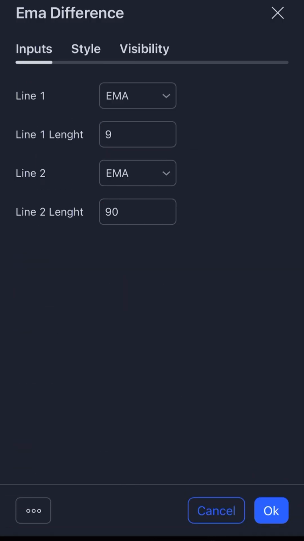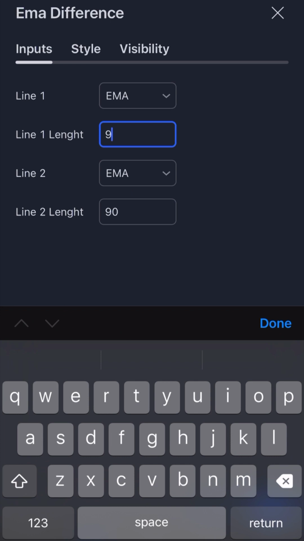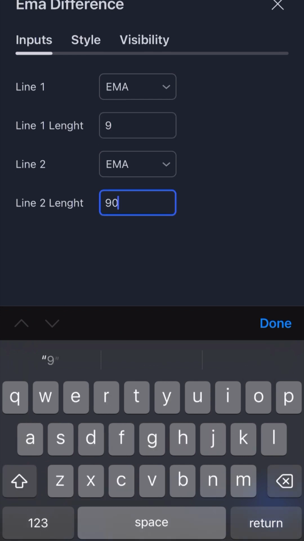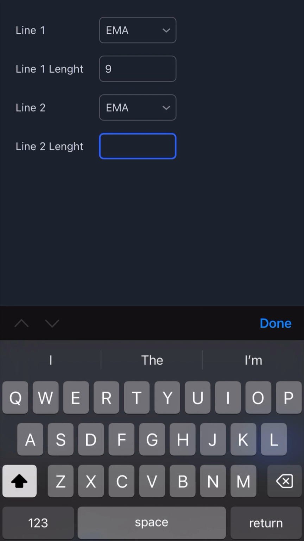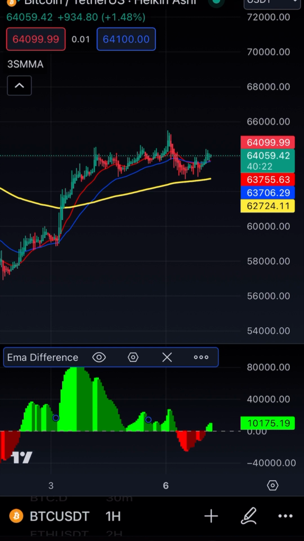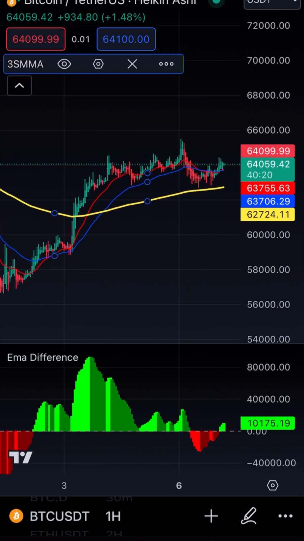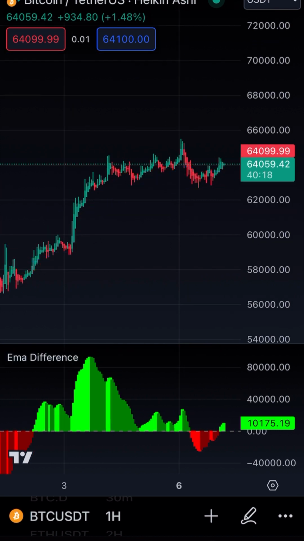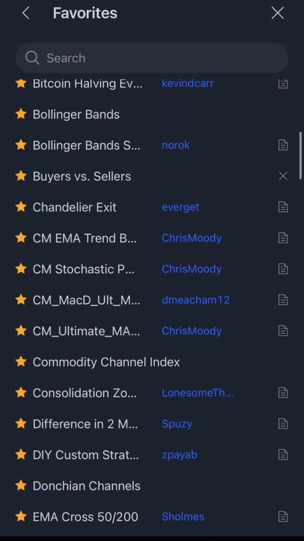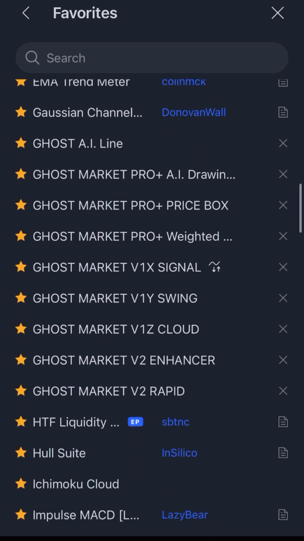So in the other version, this is the 9, this is the 20, this is the 9, 20, and then I set my indicators here with Ghost Market Pro.